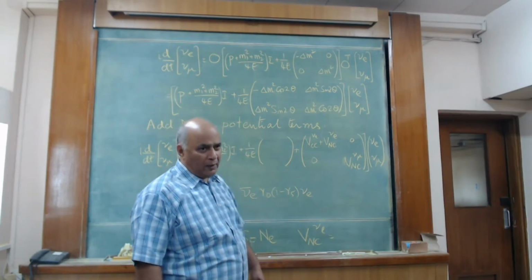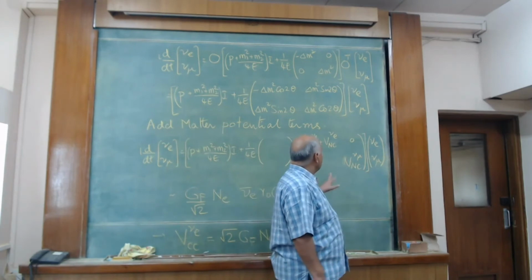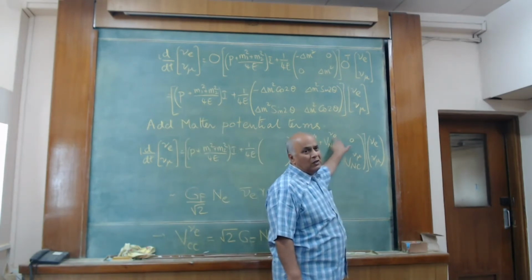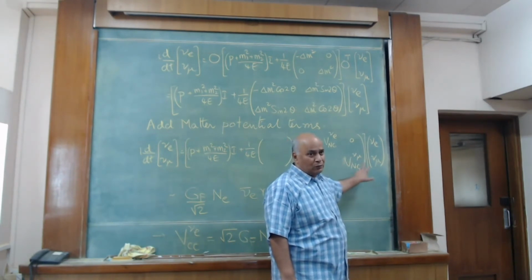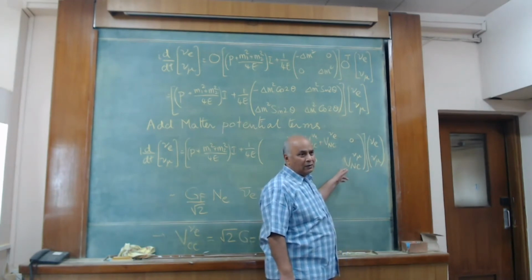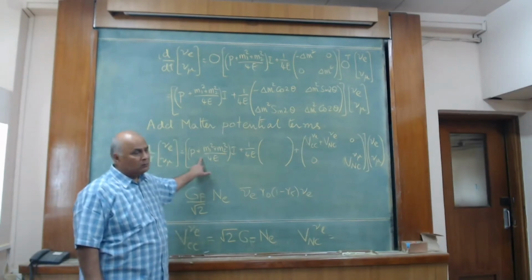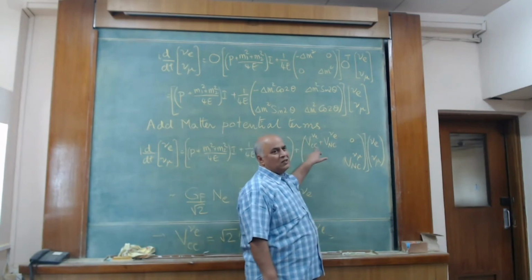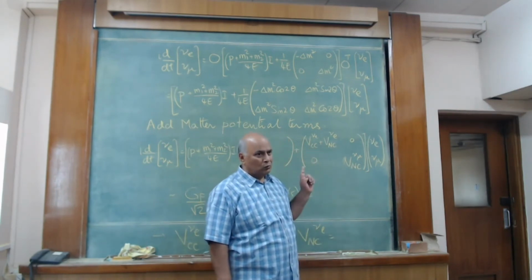And if you remember, the electroweak theory guarantees that the neutral current potential for nu E is exactly the same as the neutral current potential for nu mu. So that's proportional to an identity matrix. So I transfer it here. And this VCC also, I will split it into two.